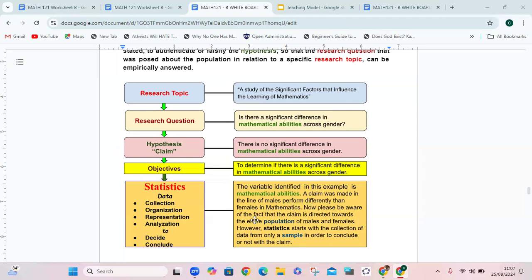Now, please be aware of the fact that the claim is directed towards the entire population. So whenever you claim something, whenever you hypothesize, in fact, the research topic and the research question is about the population. Is there a significant difference in mathematical abilities across gender in the population?